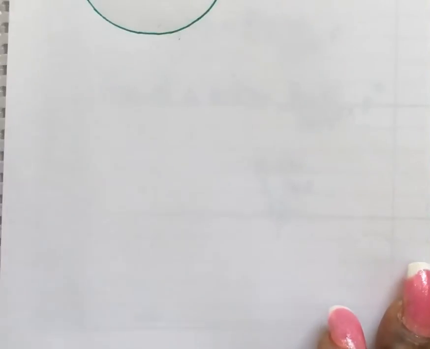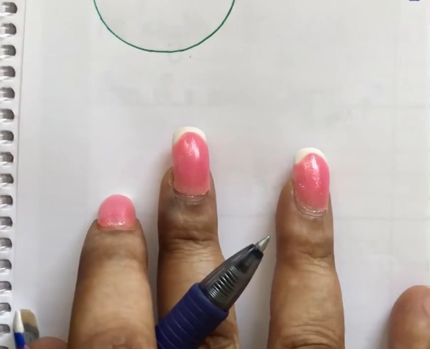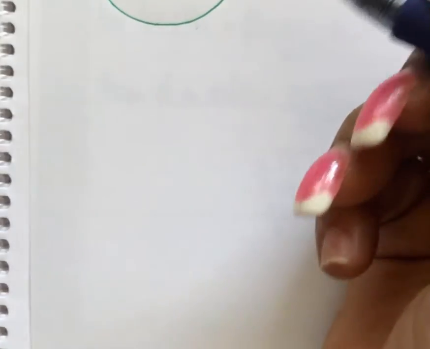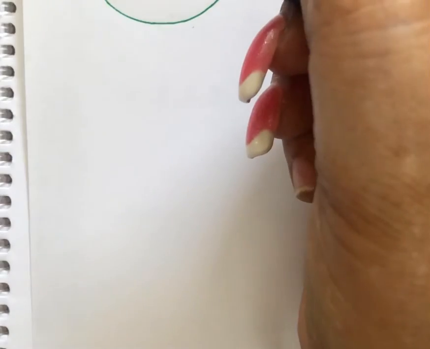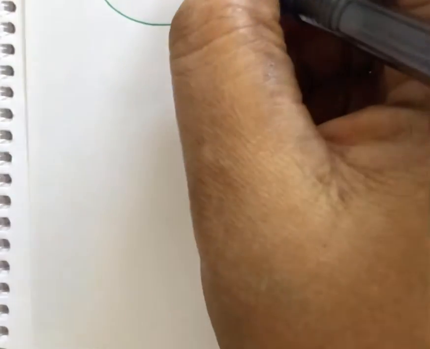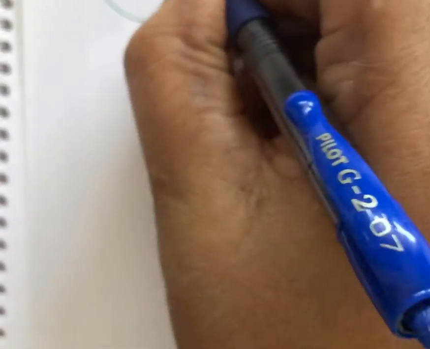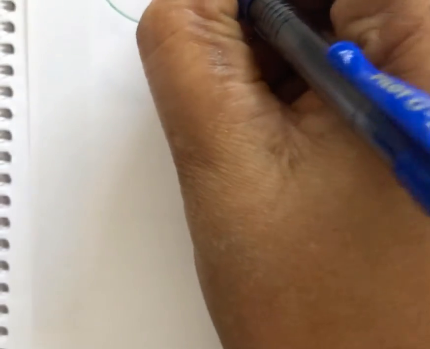Good, I have my circle. Now the question I'm looking at says the center of the circle to the circumference, which is the radius, is 42 inches.